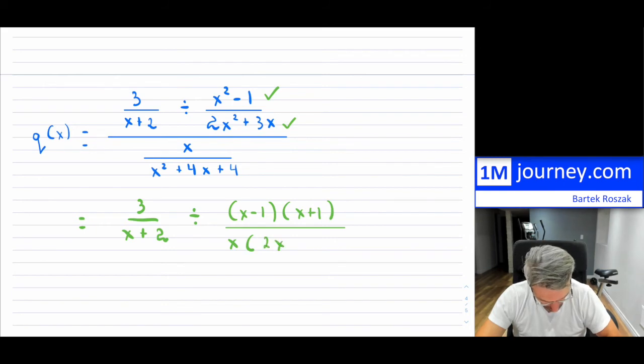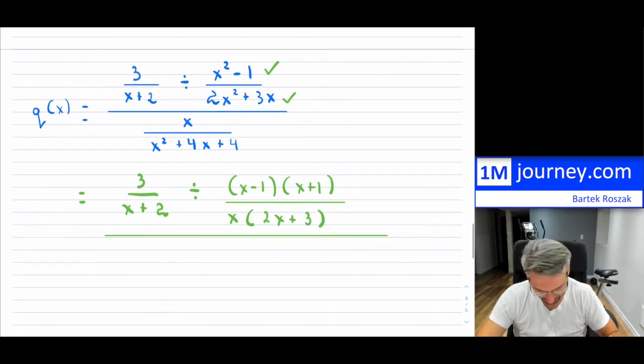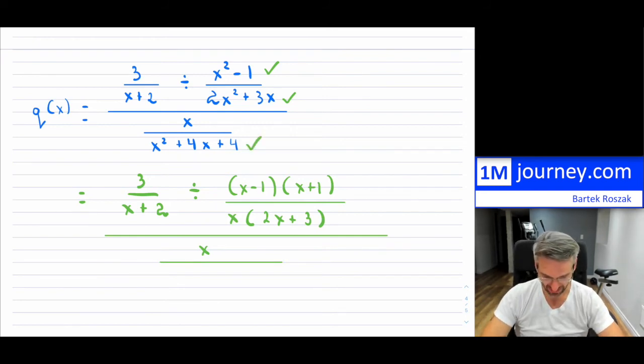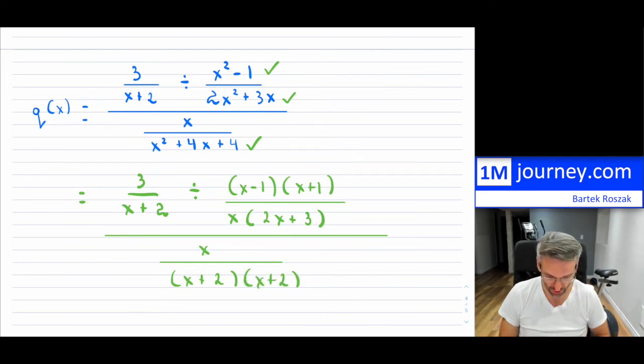This is going to be 2x plus 3. So now that's factored. Now in the denominator, I have x divided by, all right? And now this right here, that's a perfect square, actually, I'm noticing. So that's going to be x plus 2. I'm going to leave it as x plus 2, or you can write x plus 2 squared if you like.